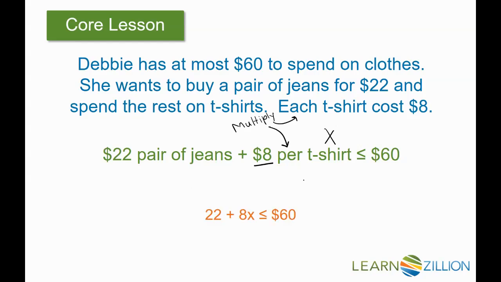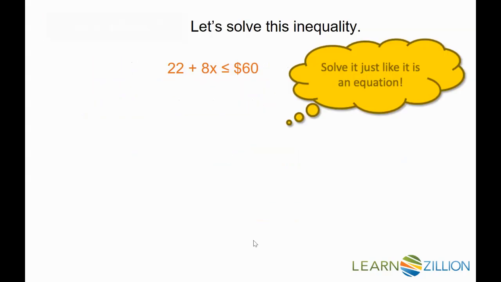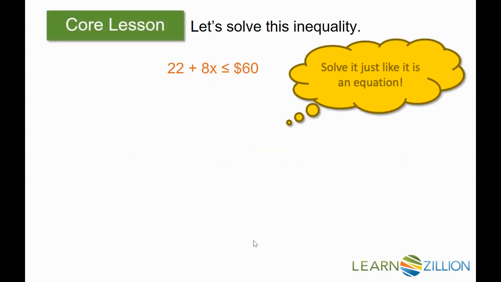If we translate this into math speak, or a math sentence, we know the cost of the jeans plus the cost of the t-shirts, and t-shirts is represented by x, must be less than or equal to $60. So here is the inequality that we have written from the scenario. And now we just need to solve it, right? So let's go ahead and solve it.